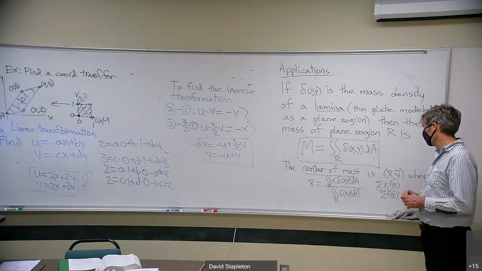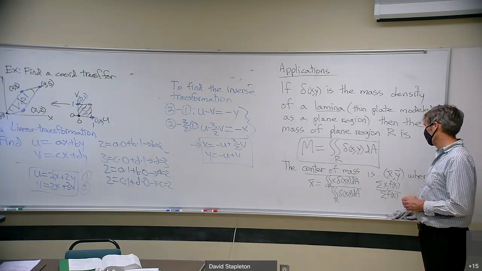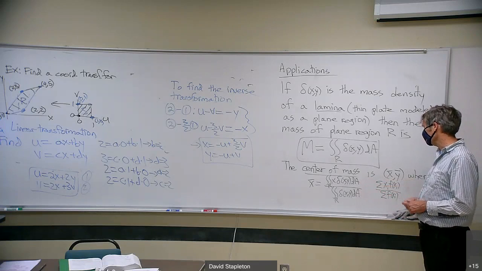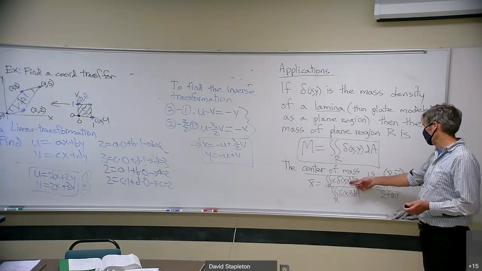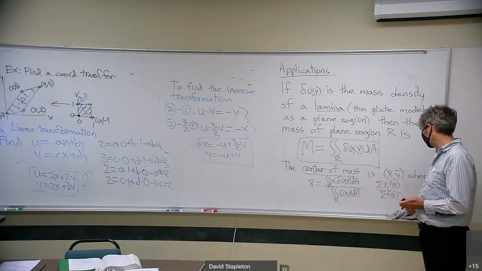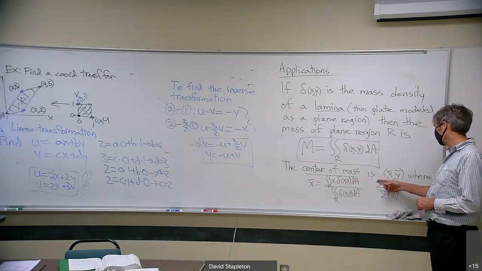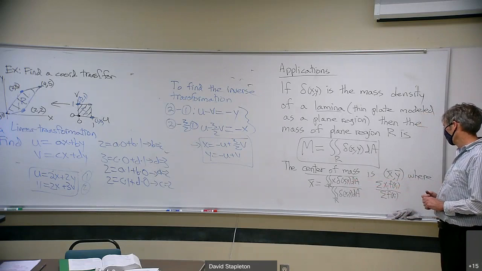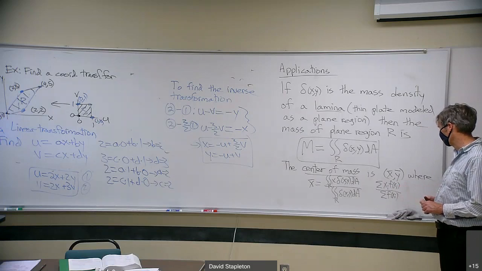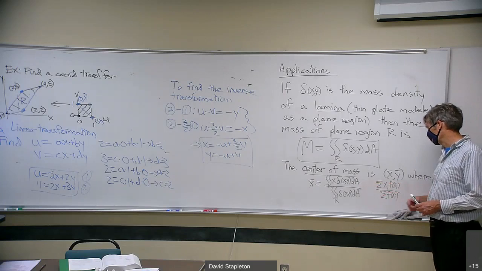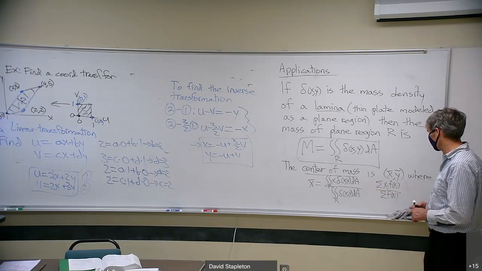It's the average position, if you have this density at each point in the plane. Now, this is the one-dimensional case that I've written, so it's not quite a complete analogy, but that's actually what it's doing.